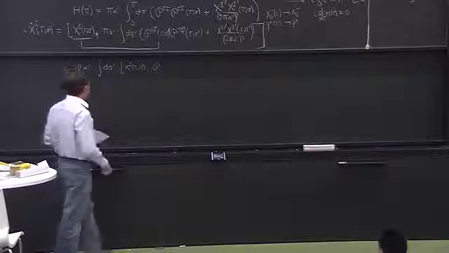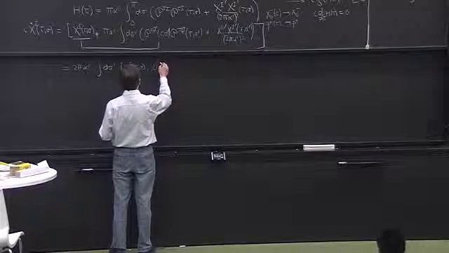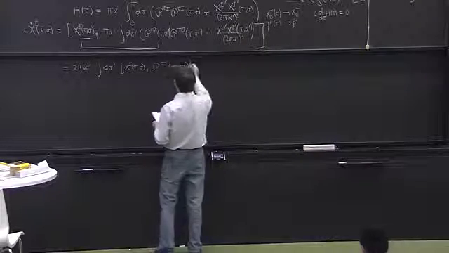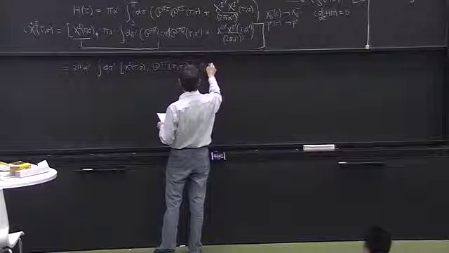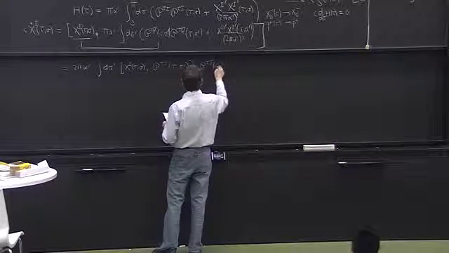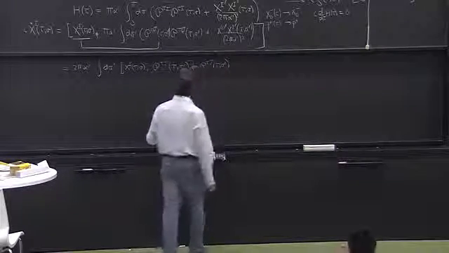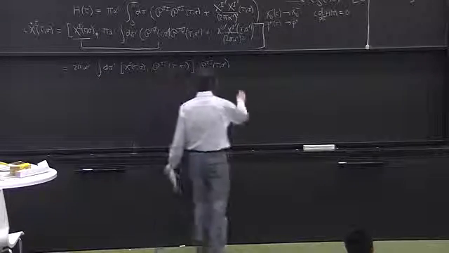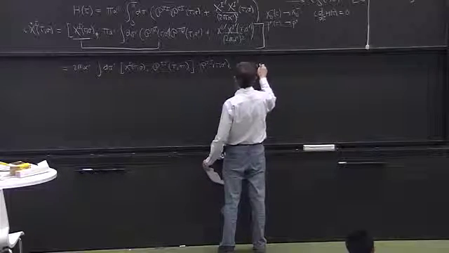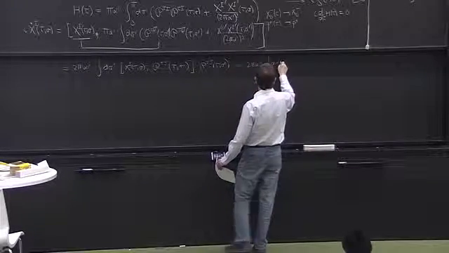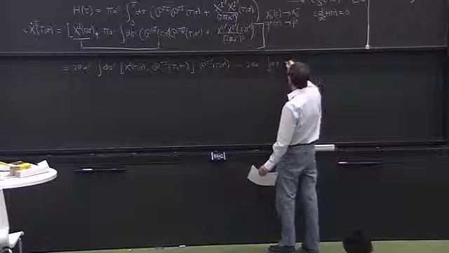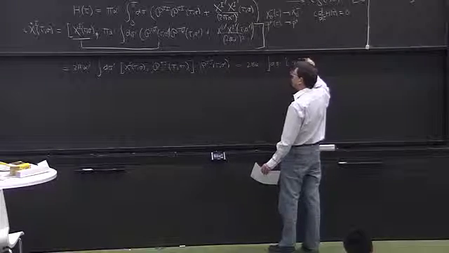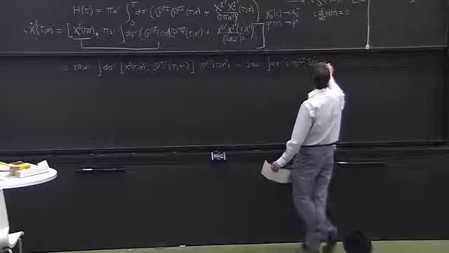P^tau j of tau sigma prime. And then you have another P^tau j of tau sigma prime here. I think that's all there is. So this is 2 pi alpha prime integral d sigma prime. And now this thing is i eta ij delta of sigma minus sigma prime.